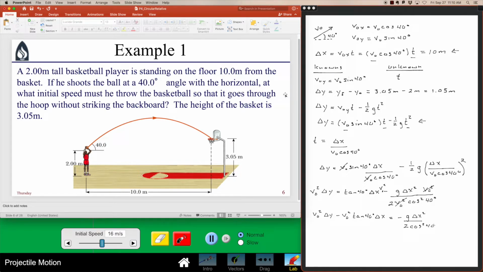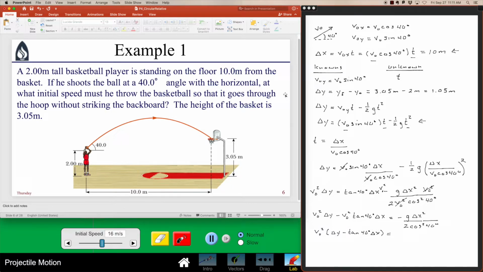Next I need to factor out a V naught squared from these two terms. So I would have V naught squared times delta y minus tan 40 degrees delta x equals the same stuff on this side of the equation. The last step is to divide through by the stuff in the parentheses, so I get V naught squared all by itself.